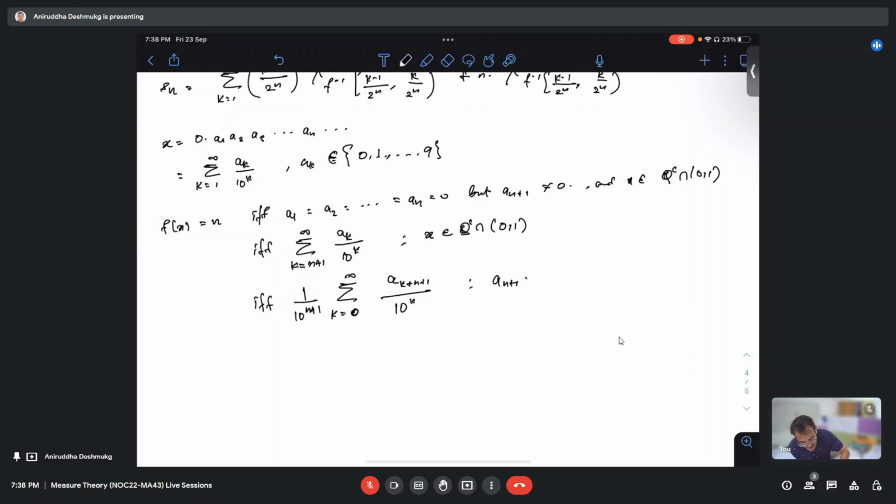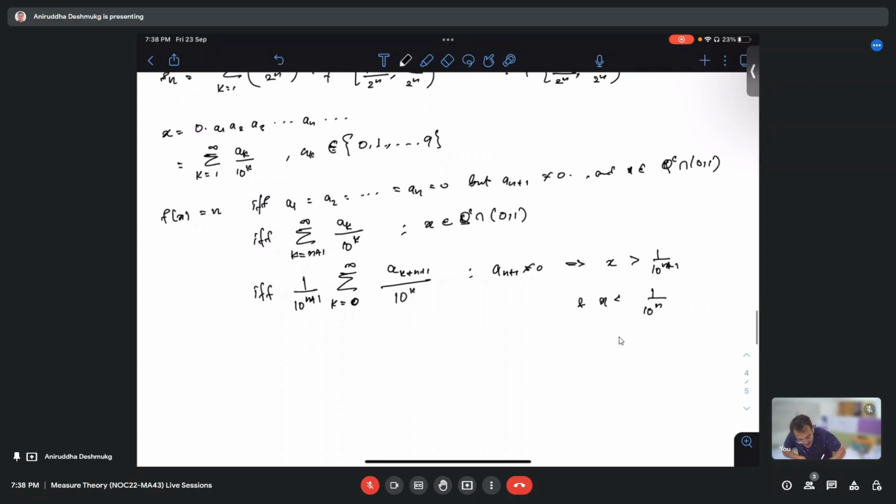So a(n+1) is non-zero, implies that this x is actually bigger than 1 over 10 to the power n plus 1. But at the same time, it must be less than 1 over 10 to the power n, because all those terms are already gone. We are now in n plus 1th stage.